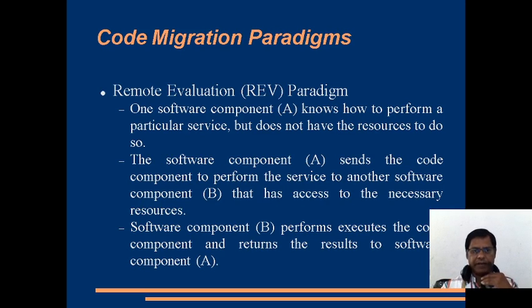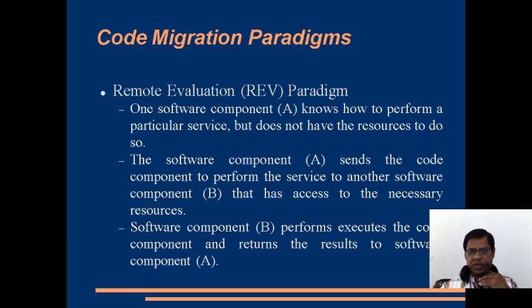Second one, the remote evaluation paradigm. One software component A knows how to perform a particular service but does not have the resources to do so. So he knows that, but he doesn't have the resources.